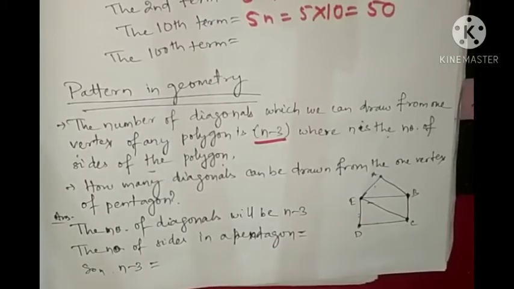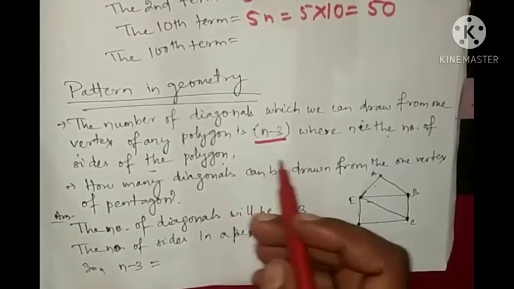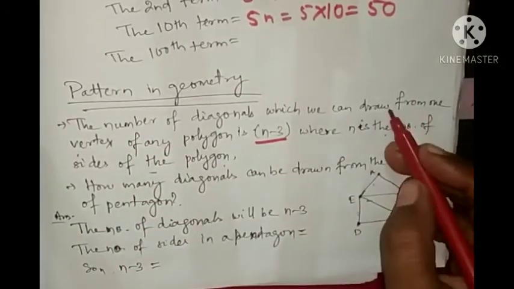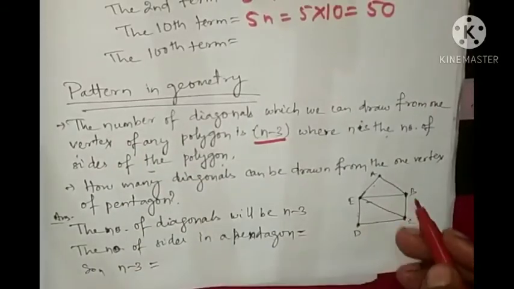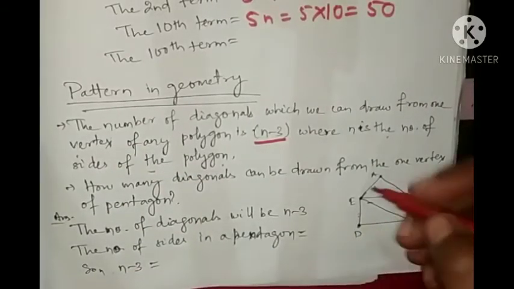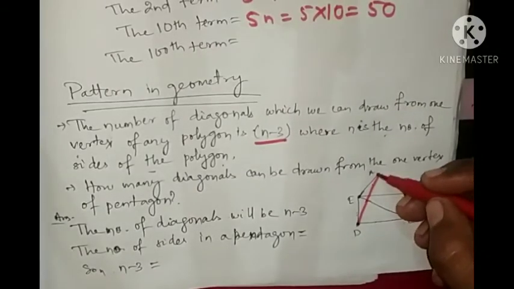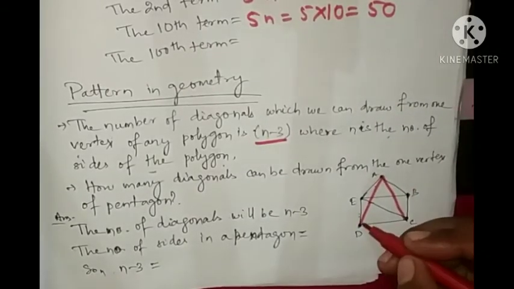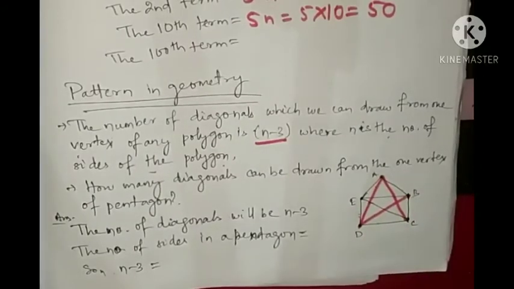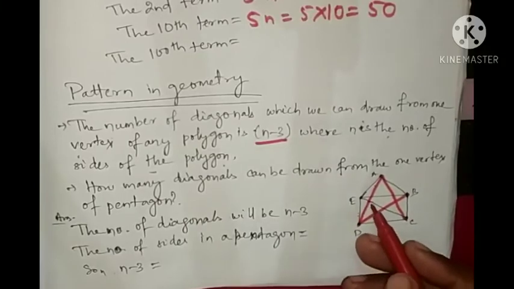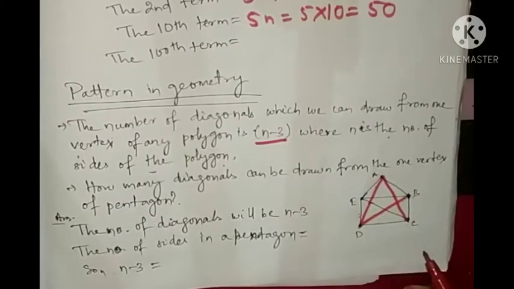The value is n minus 3. Note that it is not the total number of diagonals. If you count all of them, there are 5 diagonals in total.